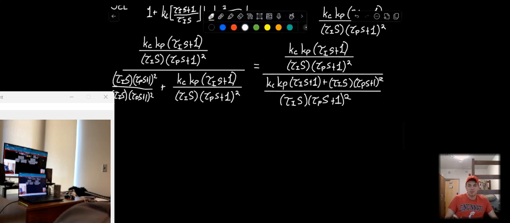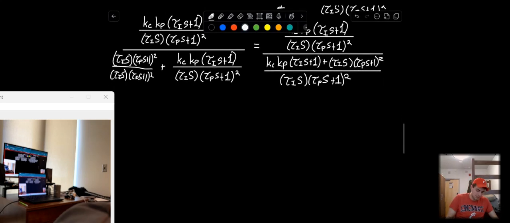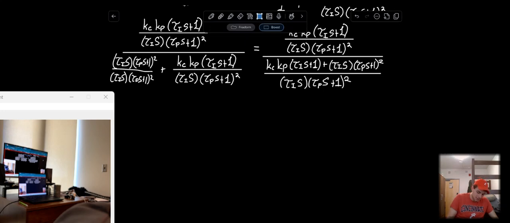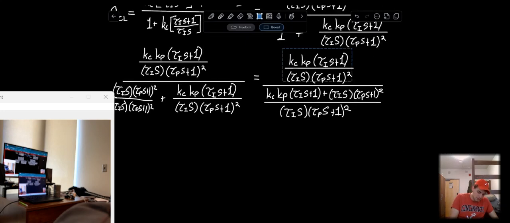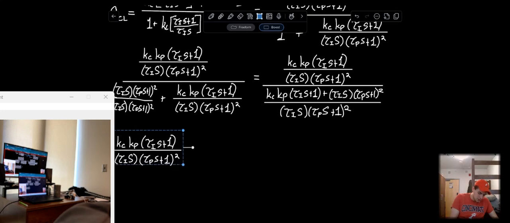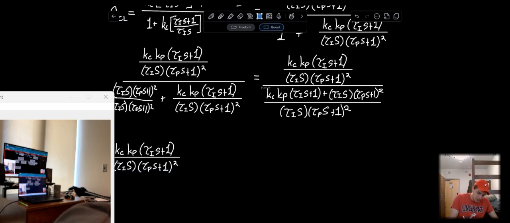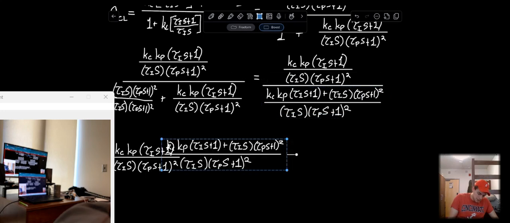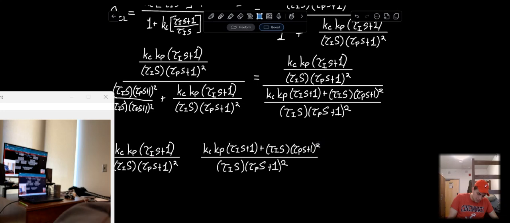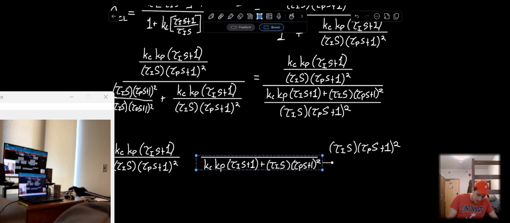Okay, now we have a complex fraction, so let's flip and multiply here. So numerator times denominator, but it has to be the inverse of the denominator. That's how algebra works.